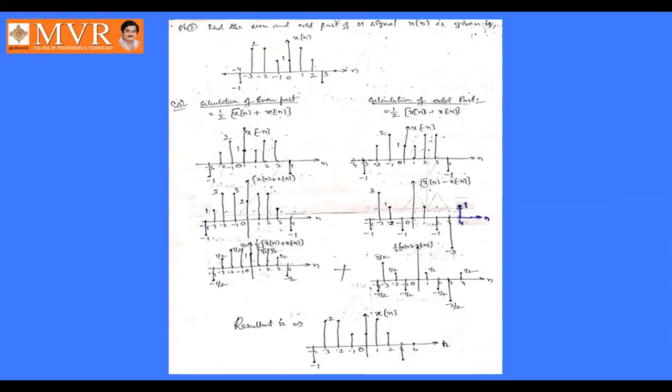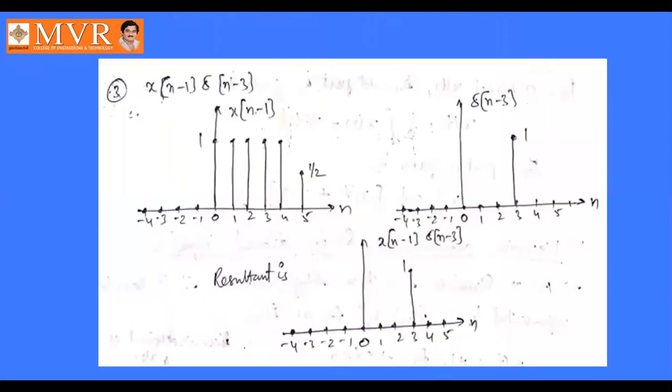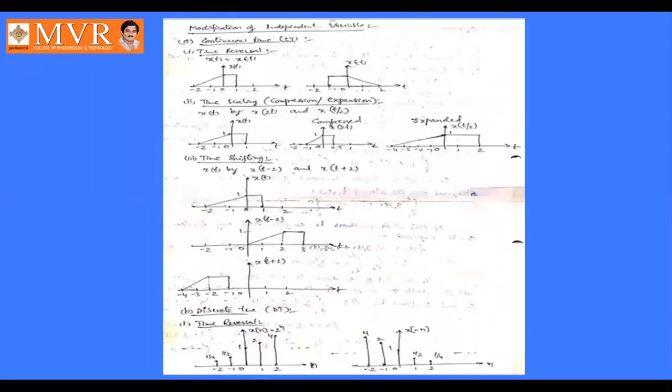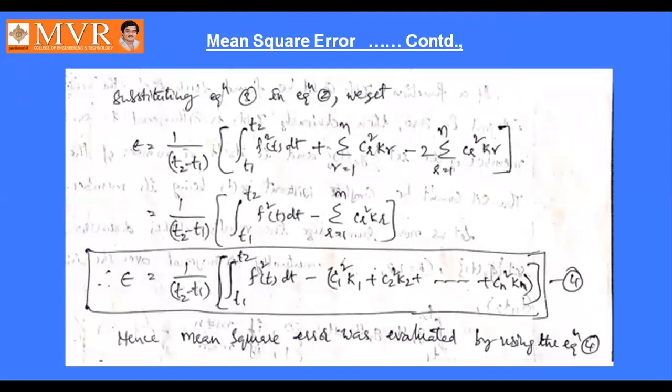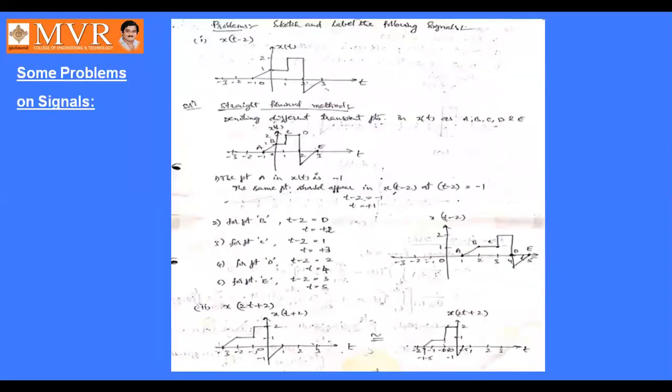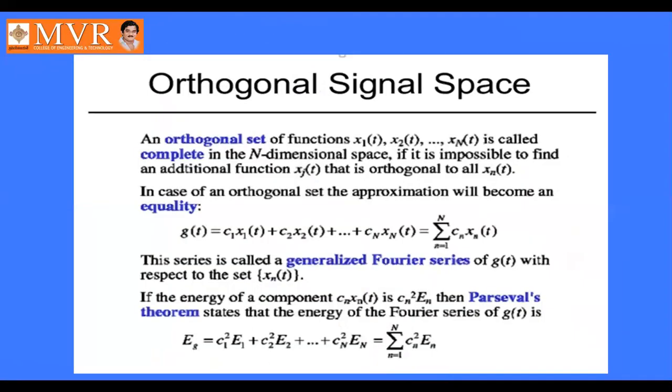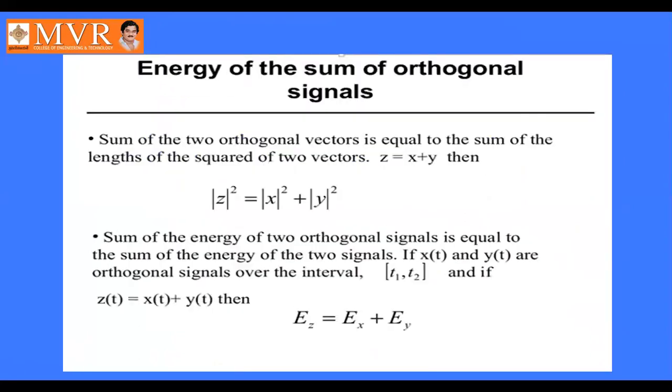So these are some of the problems related to signals and systems in our first unit. We discussed signals, systems, types of systems. Next, the analogy between signals and systems, analogy of vectors and signals, orthogonality in signals, orthogonality in vectors, orthogonality in complex numbers.